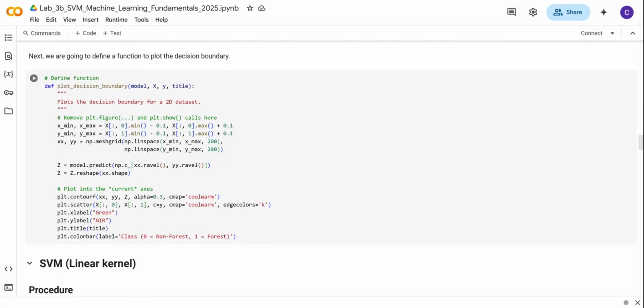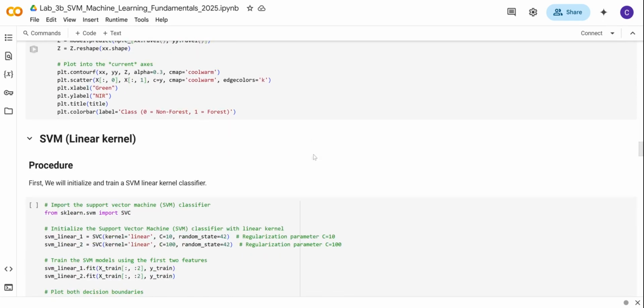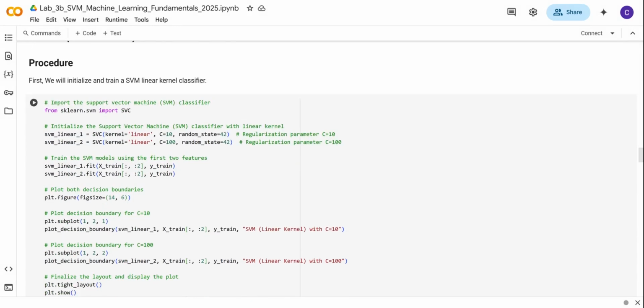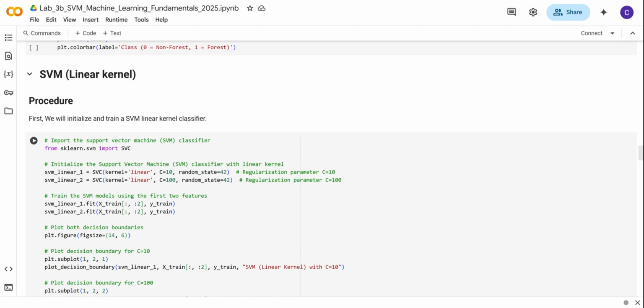Next we are also going to create a function to plot a decision boundary, as we have done with the k-nearest neighbor. This is just a simple function for plotting the decision boundary. Let's look at the first example of a linear support vector machine.